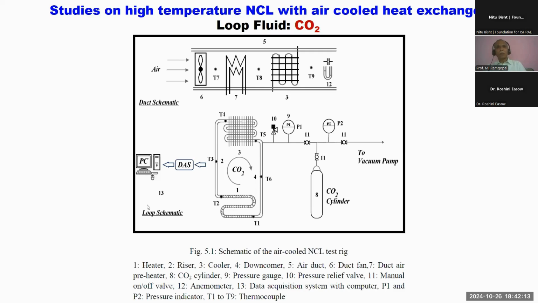On a very small scale, such systems may be used for cooling of electronic chips, or on a large scale, we can use these systems for geothermal heating, nuclear power extraction, etc. So the high temperature CO2 loops also have a large number of applications. So we have built a small system to study the performance of this under high temperature conditions.